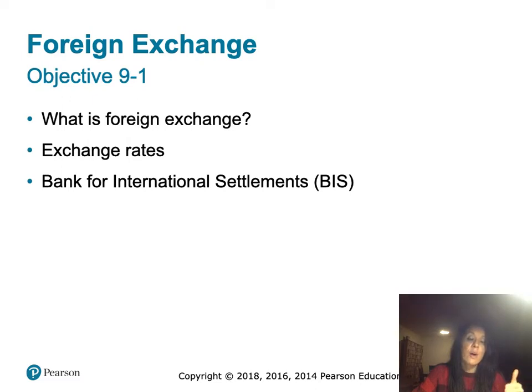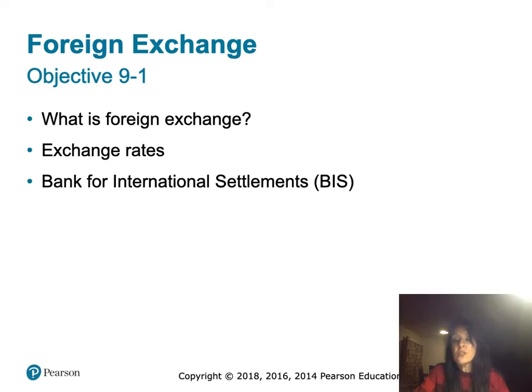So you'll be looking at the number of units that one currency can buy with 1 unit of another currency. In other words, you will be looking at how many pounds you can buy with your $1, okay? So that number, of course, can change on a daily basis because exchange rates always fluctuate.